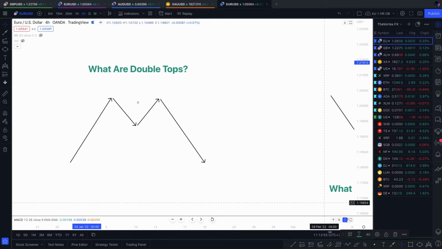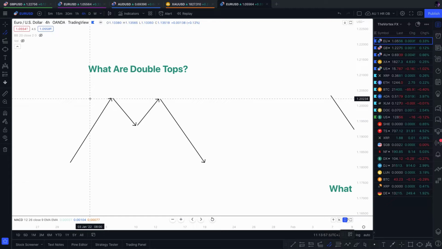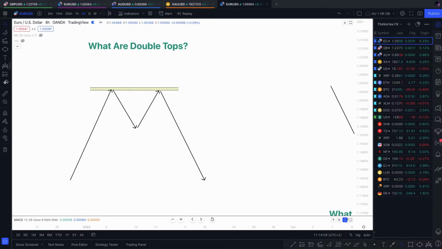So effectively, we would have a resistance zone right above, and this gives way to that letter M. We would have one top here where price struggled to break, and then another top here which price struggled to break.